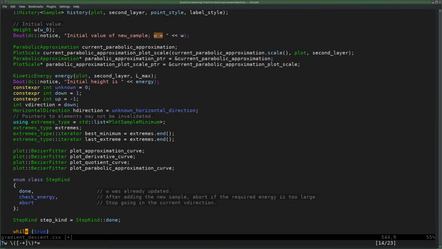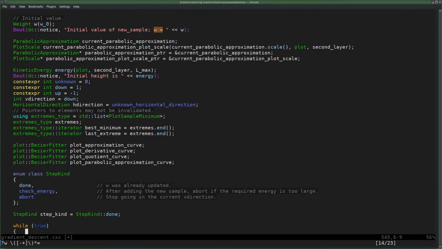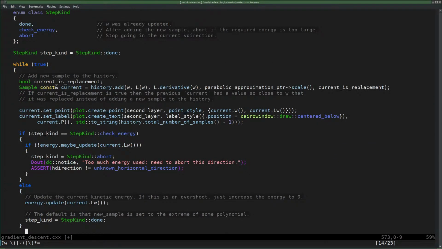I had a certain weight value, W, which then was used to add to the history.